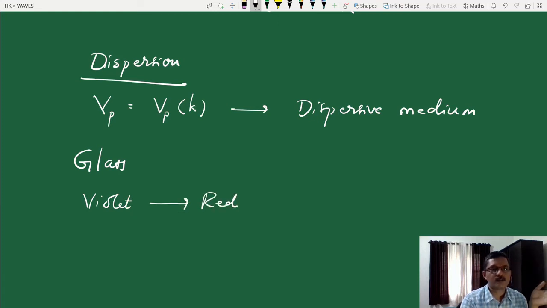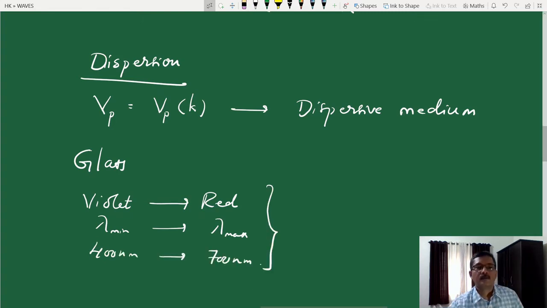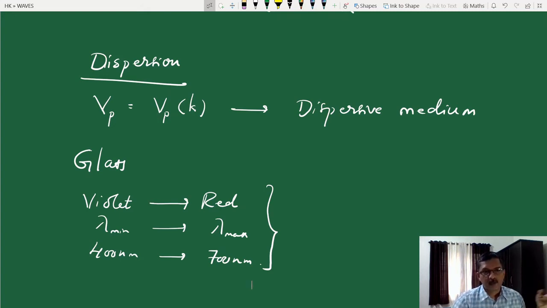Violet has the minimum wavelength, lambda, and red has the maximum wavelength, 400 nanometer to 700 nanometer. That is the range of wavelength for visible light. When white light passes through glass, the phase velocity of individual colors varies in such a way that the phase velocity is minimum for violet and maximum for red.